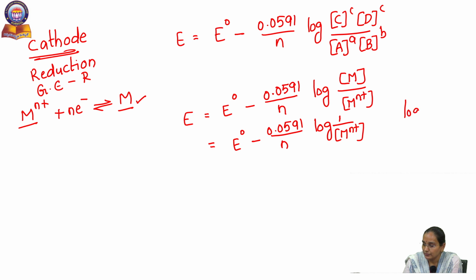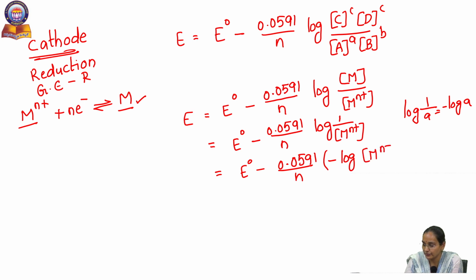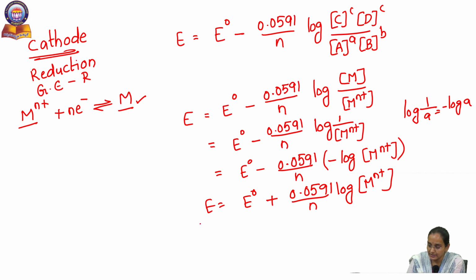If you know the formula, log 1 by A is written as minus log A. So E naught minus 0.0591 by n into minus log concentration of M n plus. So E equals E naught plus 0.0591 by n into log of the concentration of the metal ion. So this is the Nernst equation to calculate the electrode potential of the cathode.